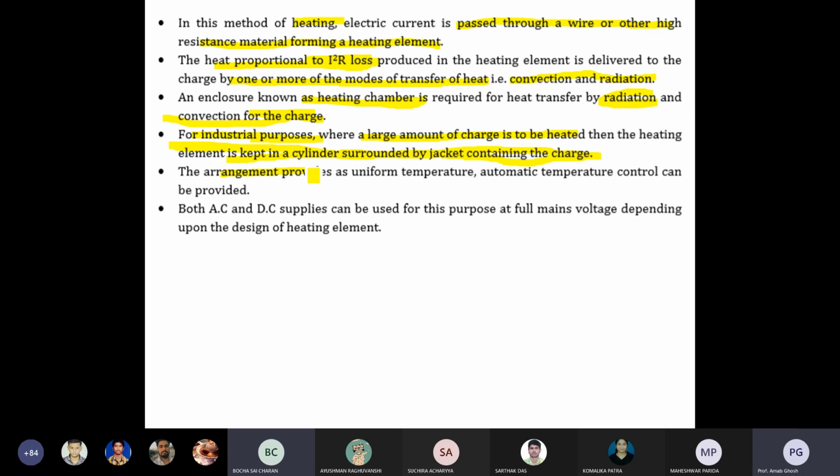The arrangement provides uniform temperature, and automatic temperature control can be provided. Both AC and DC supply can be used, at full mains voltage depending upon the design of the heating element. As the charge is not directly energized, automatic voltage control is possible. There is only a heater, so you can also maintain the temperature of the heater.